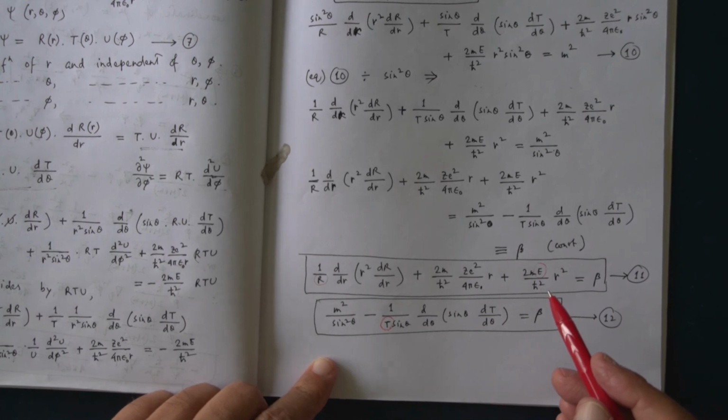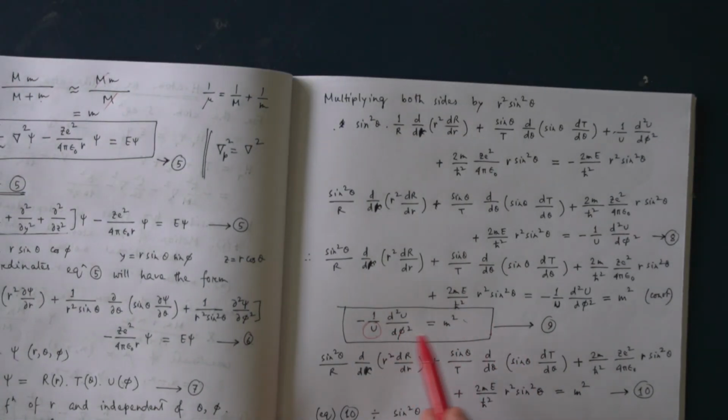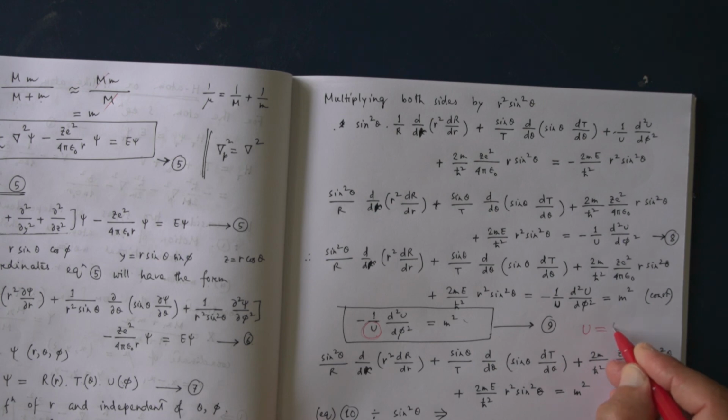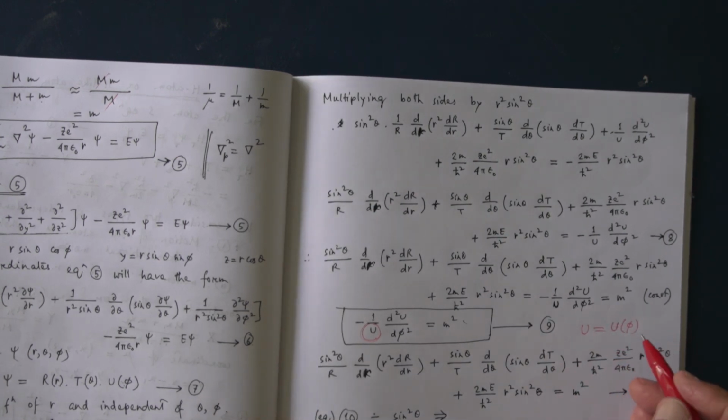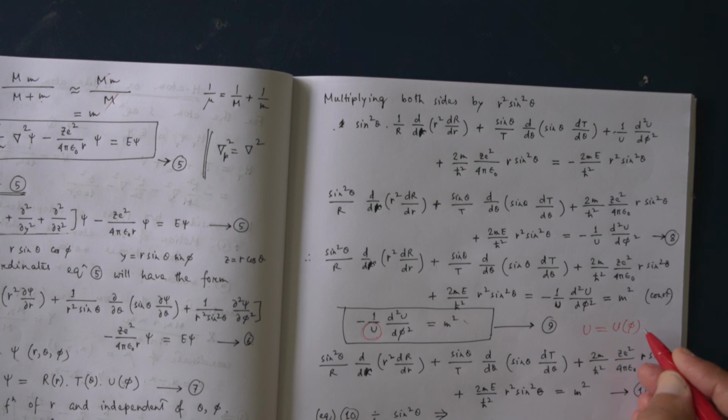I repeat, if we solve this equation, we get the value of this function u or u phi, and we already know what the result will be. This will be 1 by 2 pi whole to the power half e to the power i m phi.